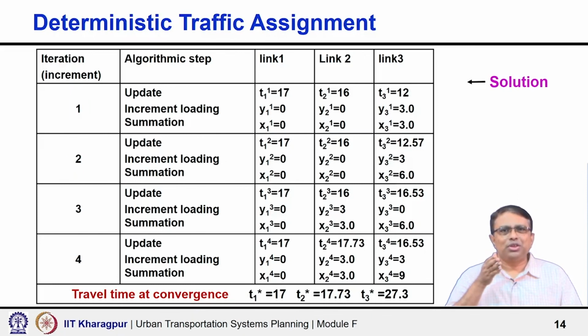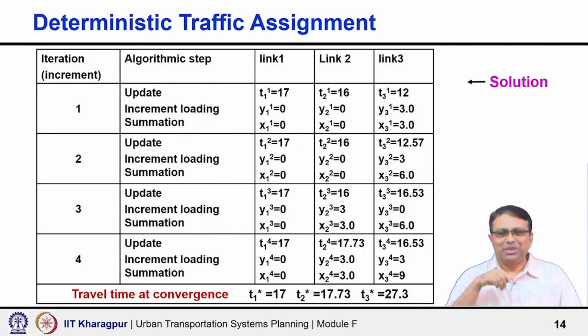So, now my shortest path is again link 3. So, the next incremental load is also done on link 3. My total flow distribution becomes 0, 3 and 9 along link 1, link 2 and link 3 respectively. Interestingly, till the iteration just before the 4th loading, the travel times are 17, 17.73 and 16.53, quite good, but the last incremental loading has distorted the whole thing.